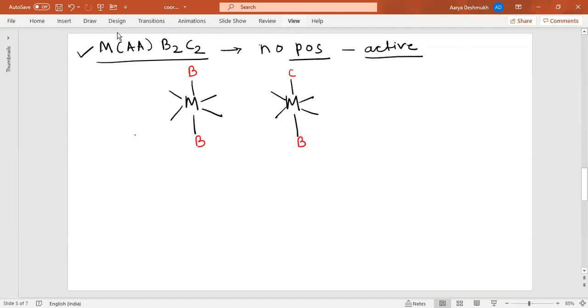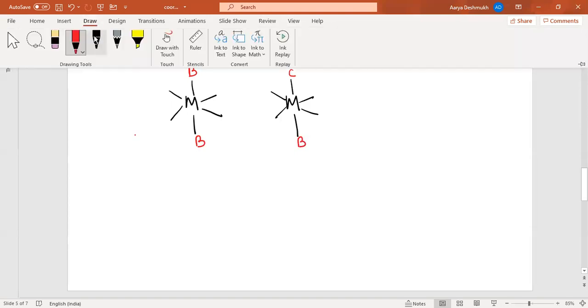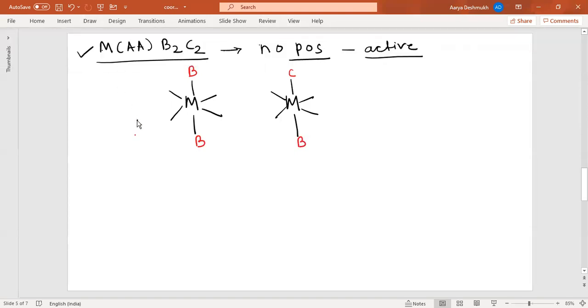And then I use another color here. That is AA, and here C2 means there should be C. Now this AA is bidentate, and here B and C.